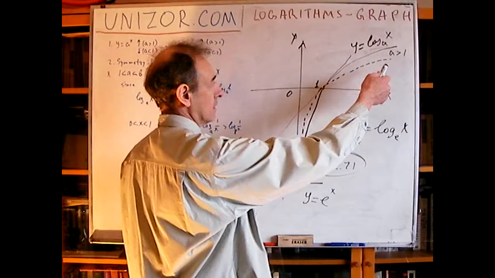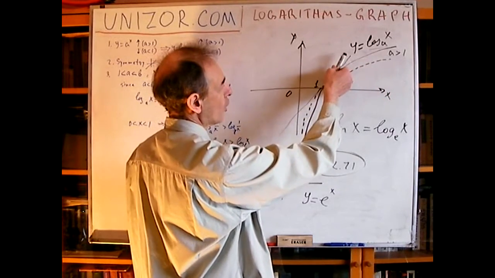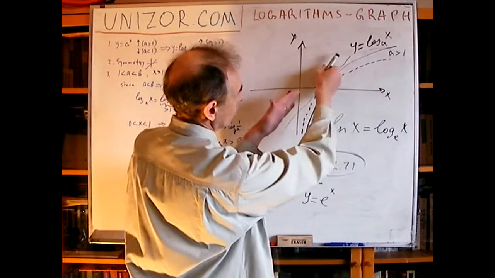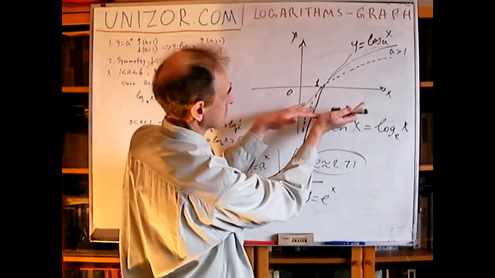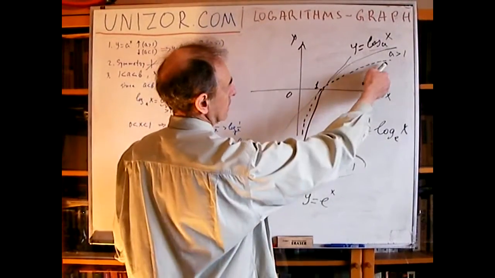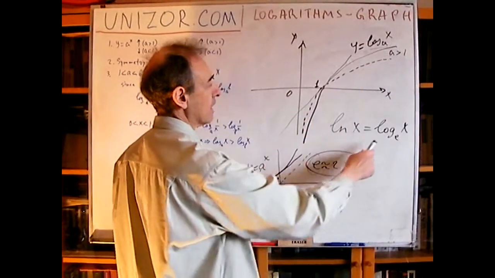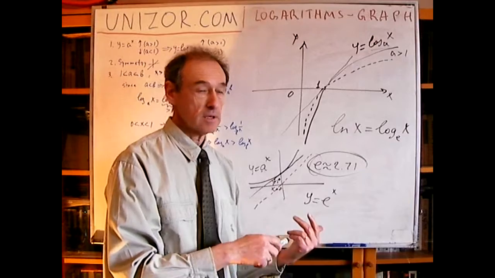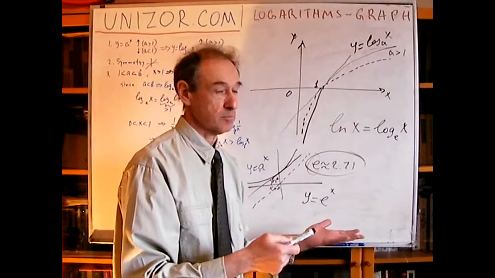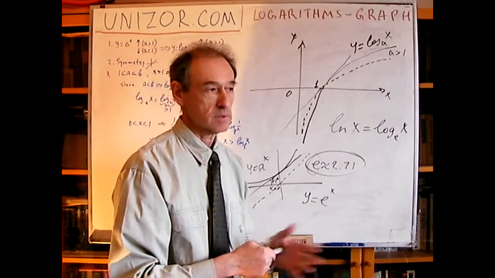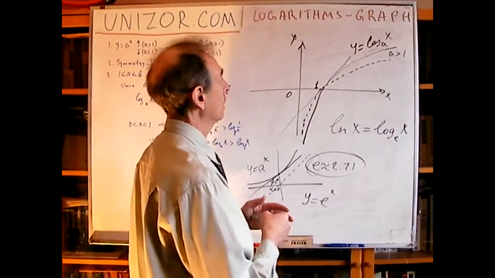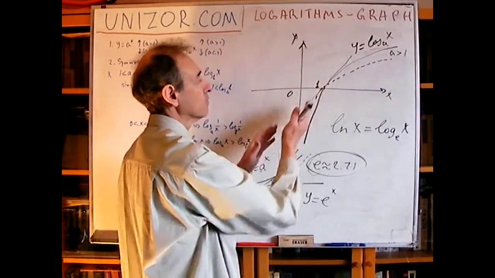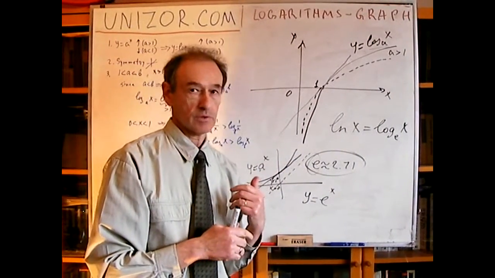Then the graph should go in such a way that this tangent is tilted down, like in this particular case. And whenever you have a base smaller than e, let's say logarithm by the base 2, for instance, it goes above; the tangential line will be greater than at 45 degrees.